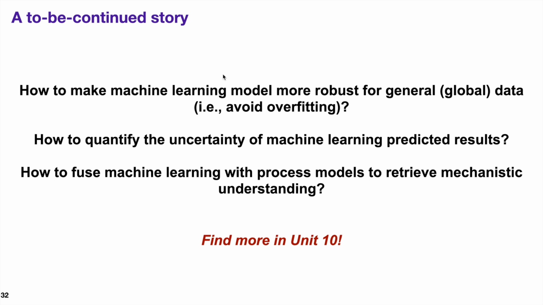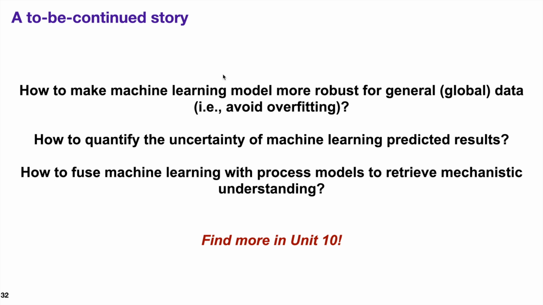But this is not the end of the story. For machine learning, it is never enough to only build up a model without testing its robustness to avoid overfitting. Also, it is very important for us to quantify the uncertainty of predictions made by machine learning models. And eventually, we have known that machine learning is pretty good at pure data mining.